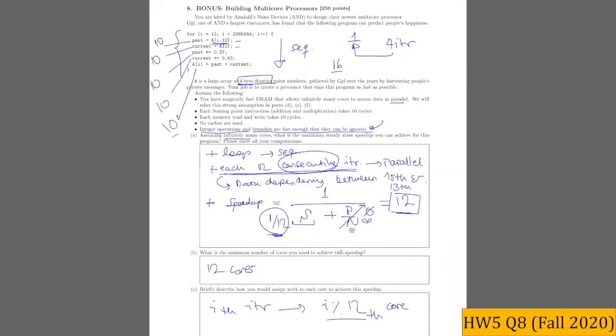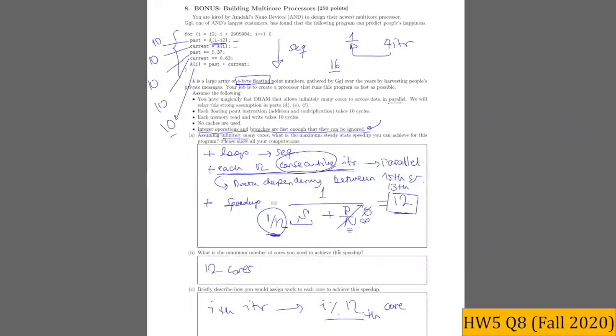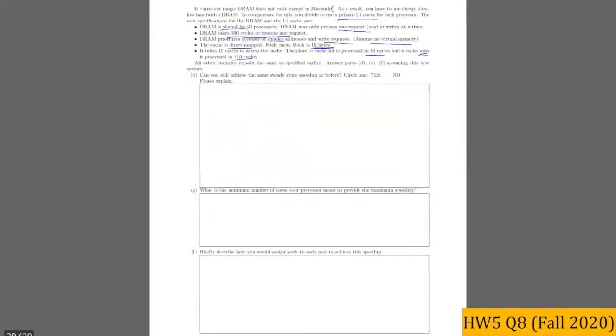So in the iterations where we do not need to go to memory, we need 50 cycles. Let's go back to the solution. We first need to write that each 4 iterations, there would be 1 DRAM access.